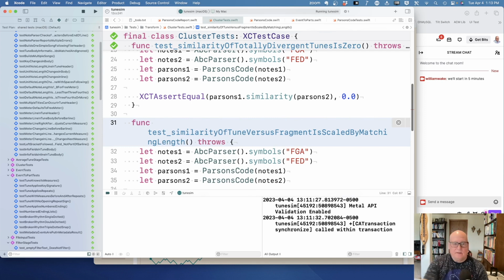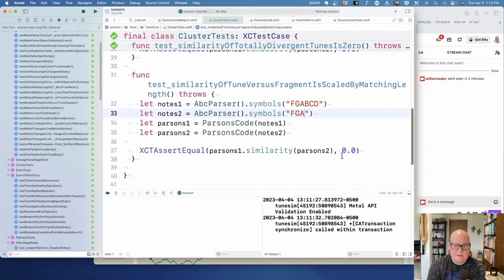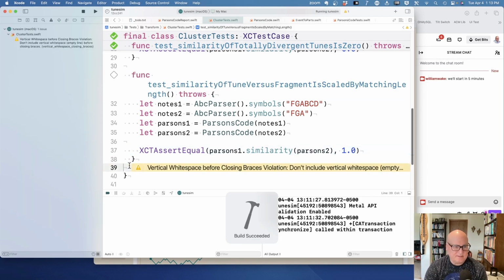So let's do the test case. FGA BCD, and this one is FGA. Okay, I don't think they should be a 0 difference. I'm sorry, it shouldn't. Well, I believe this will pass, and I'm arguing I don't want that.